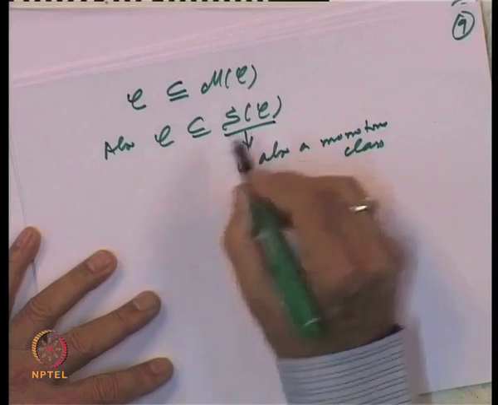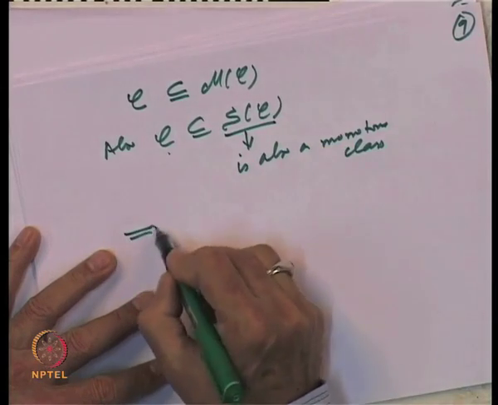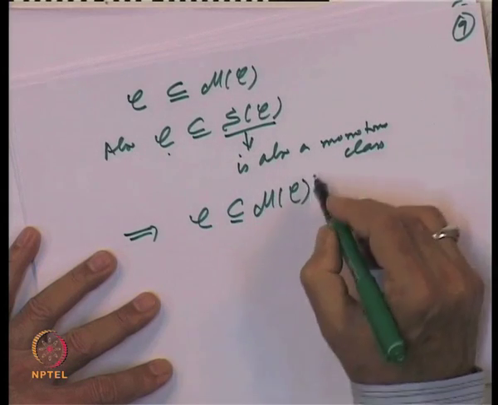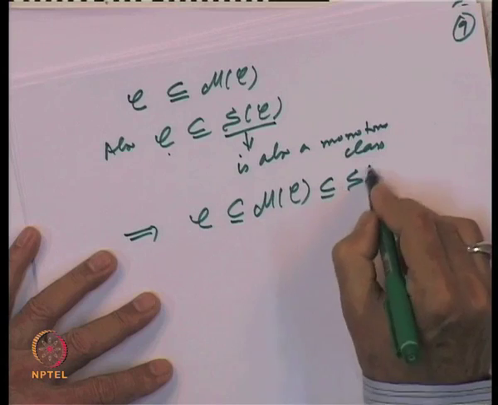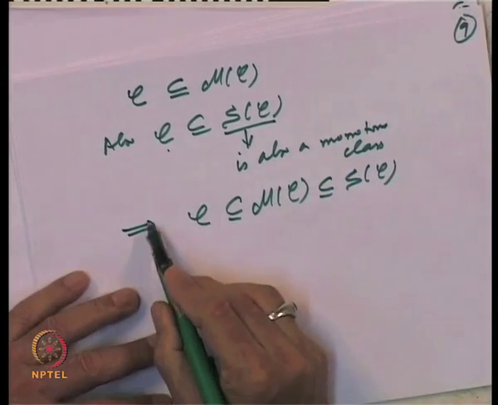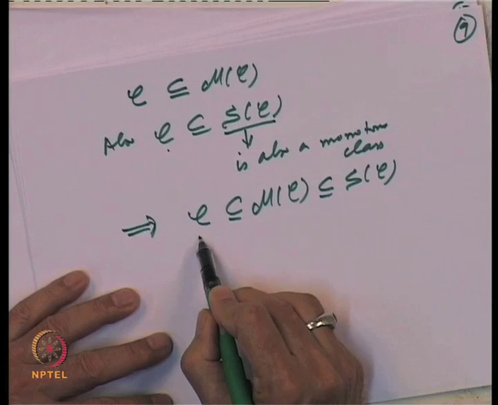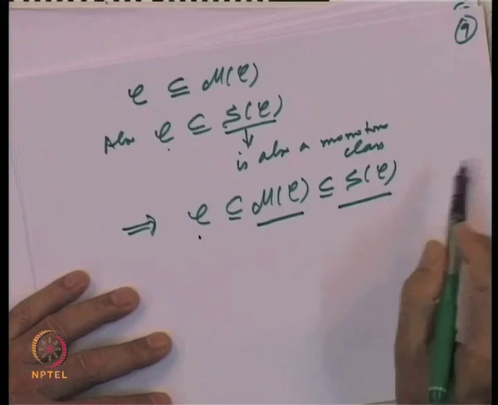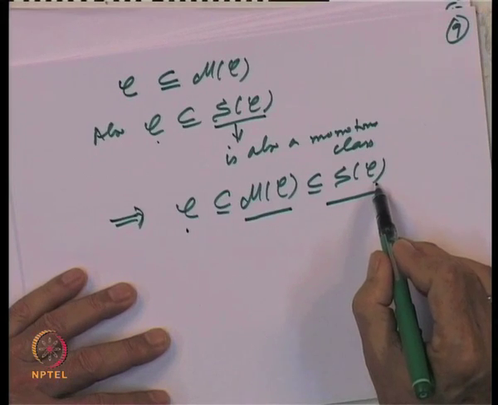So, this is a monotone class including C. So, that implies the smallest one must come inside it, and the smallest one is M of C, that comes inside S of C. So, what we have shown is that for every collection C of subsets of a set X, the monotone class generated by it is a subset of the sigma algebra generated by it.